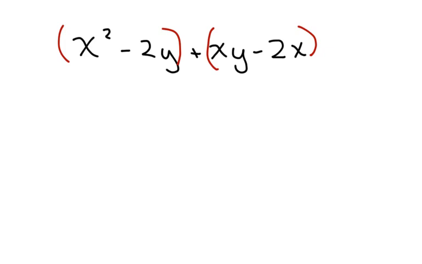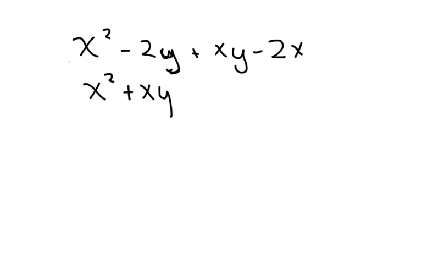So instead of doing that, I'm going to rearrange these a little bit and see if I can do it. Alright. So we want an x and y in both terms. So I think I'm going to do x squared plus xy.